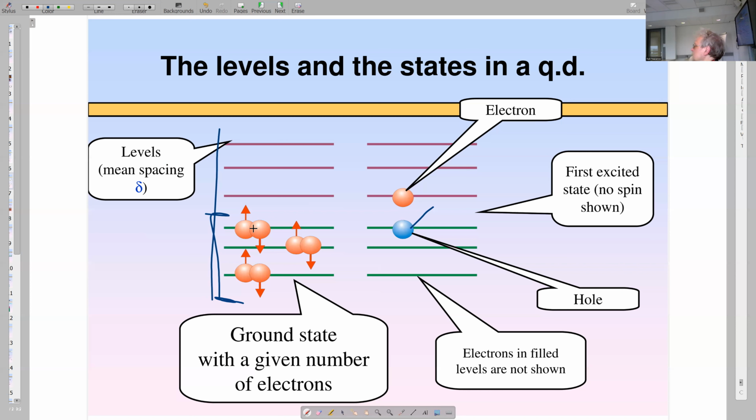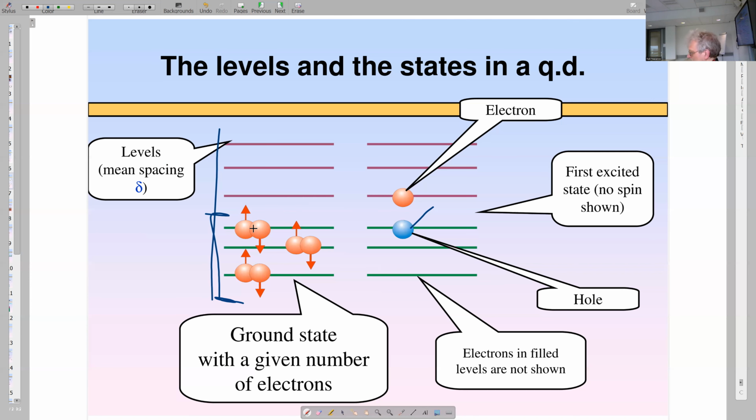So the total number of electrons is fixed. And all excited states I can see as creation of some number of electron-hole pairs.